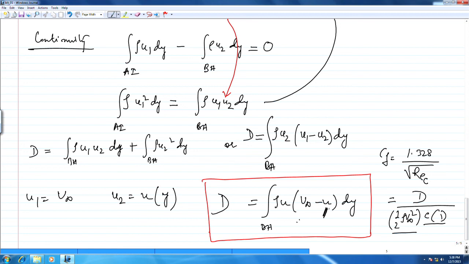This is the same drag you use to calculate the skin friction coefficient. So I will stop here and we will continue from next class.